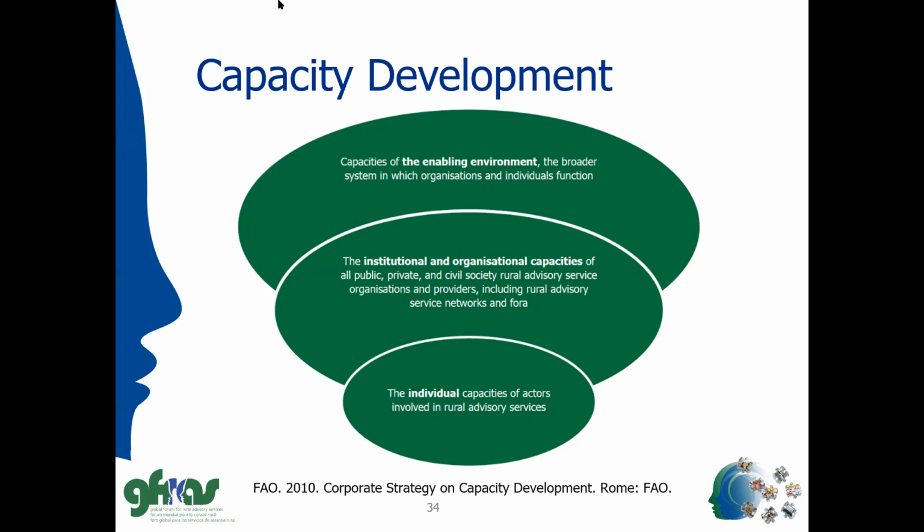There's a lot of different capacities needed at the organizational level as well. And then the system needs capacity too, in order to put in policies, rules of the game, and regulations. But we're going to be focusing on the bottom part of this pyramid, at the individual level, with the new Extensionist Learning Kit.